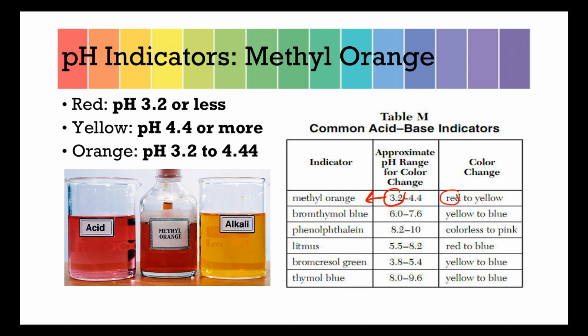Anything 3.2 and lower, that means you are red. That second number and higher, that means you are the second color. So if you're 4.4 or bigger, you're yellow. Now if you're in that middle range, you're kind of a mix between the colors. So the middle of red and yellow is orange.